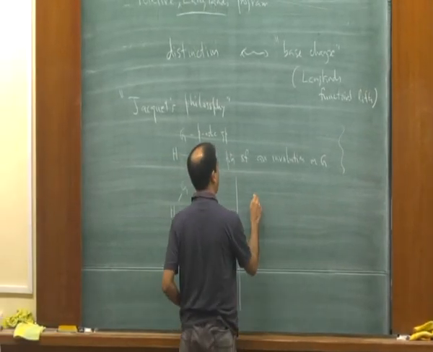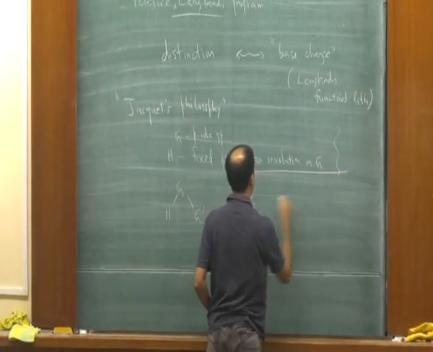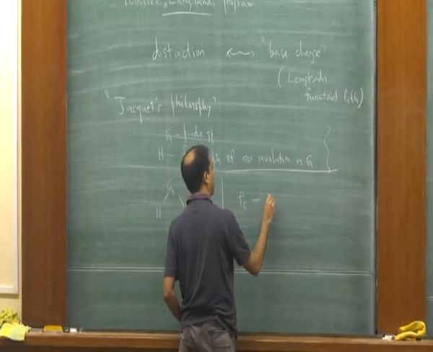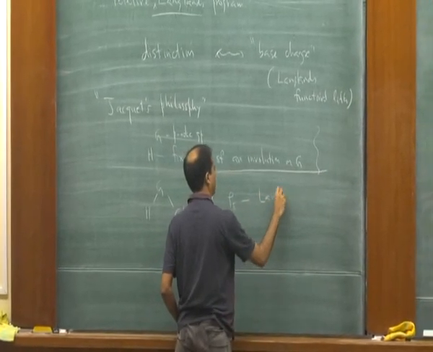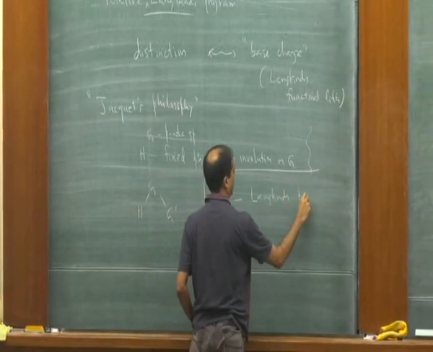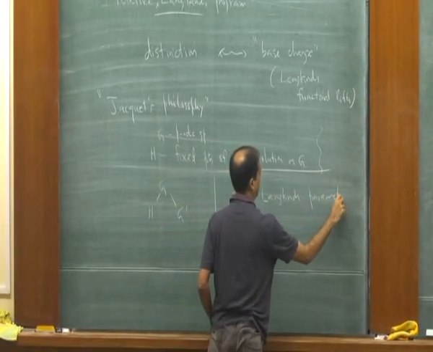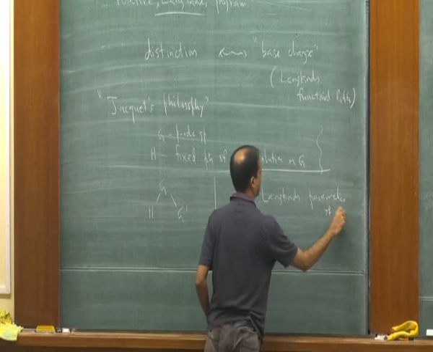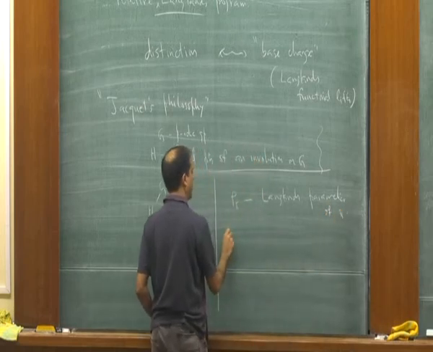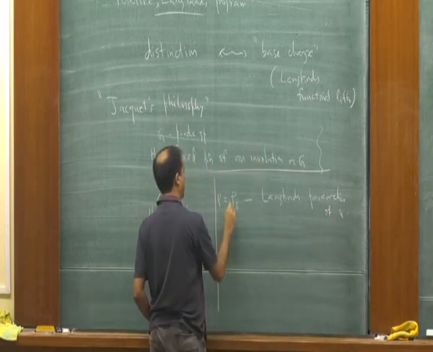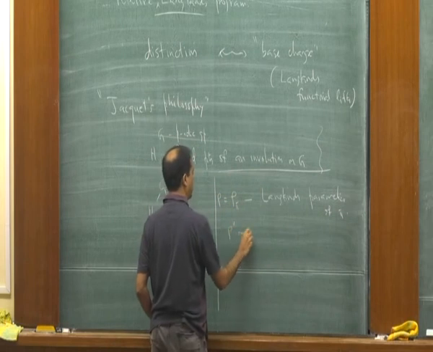Let's say rho_pi is the Langlands parameter of pi. Let me just say rho. Rho is conjugate self-dual.